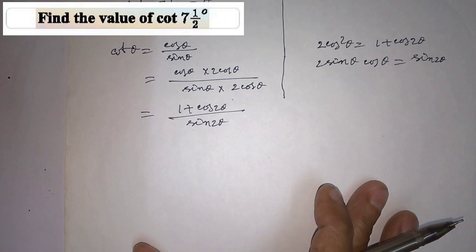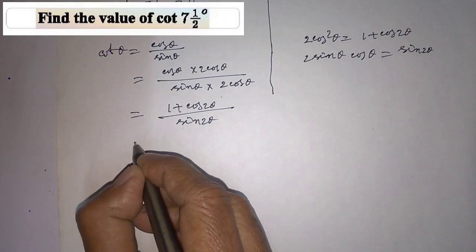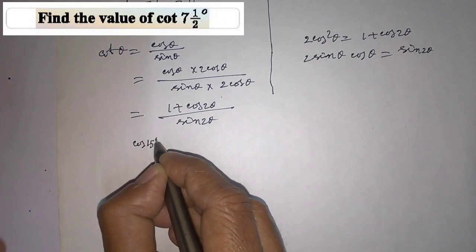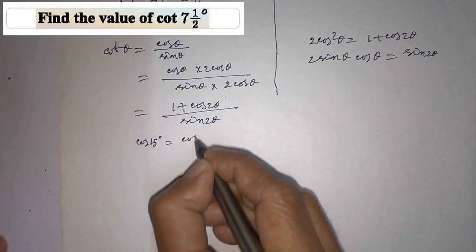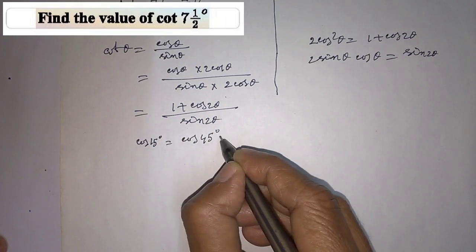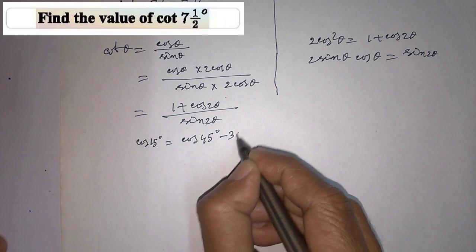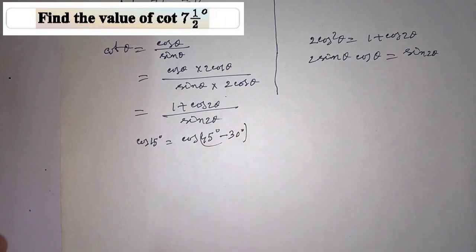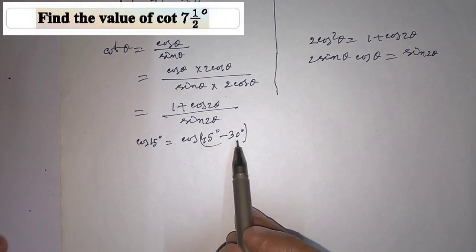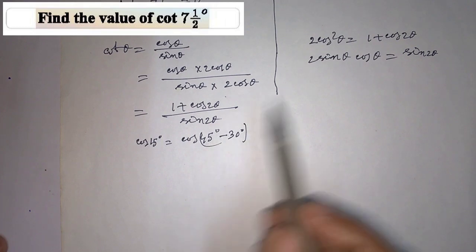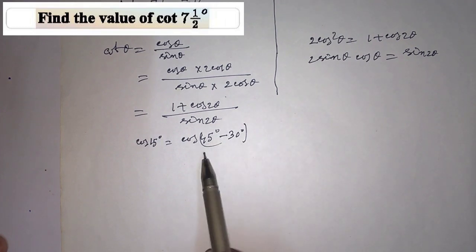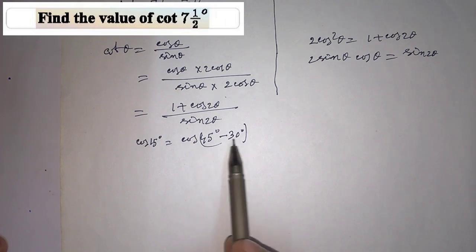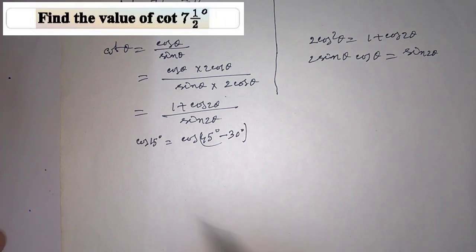See, we can write 15 degree as 45 degree minus 30 degree, and the values of cos 45 degree, sin 45 degree, cos 30 degree and sin 30 degree are known.